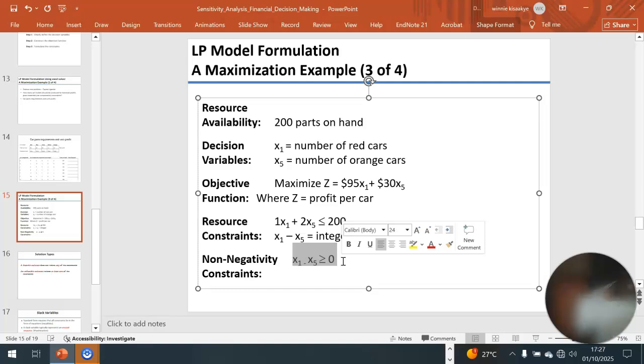Then you find this one is telling us that it should be less than or equal to 200, but you find some are exceeding 200, then that is an infeasible solution. A feasible solution is one that satisfies all the constraints. Yeah, it is binding.